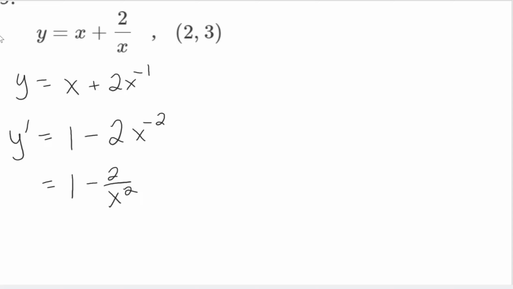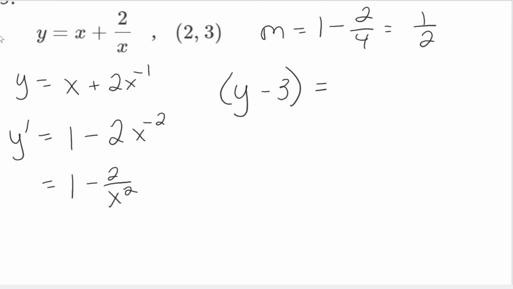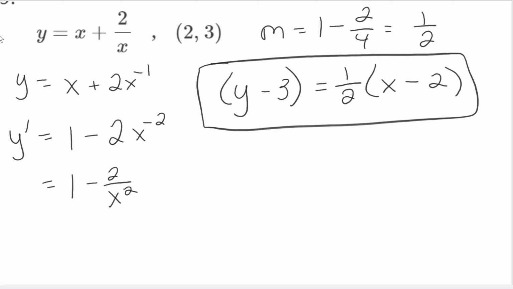So we're going to plug in 2. So slope equals 1/2. So my equation is y minus 3 equals 1/2 times x minus 2. That's my tangent line.